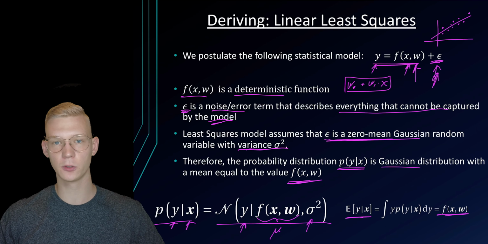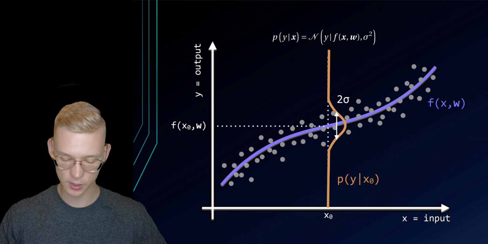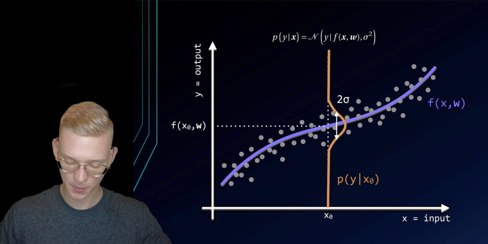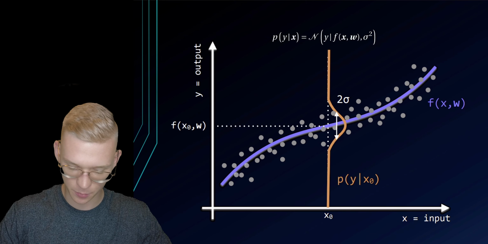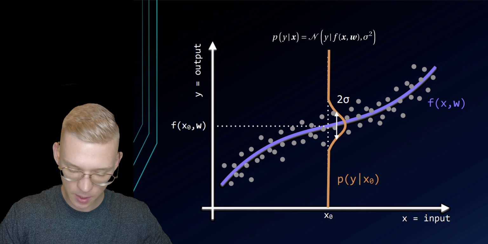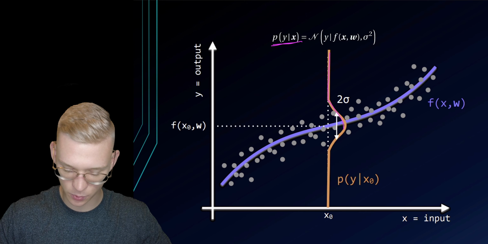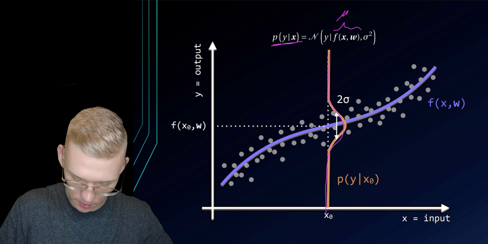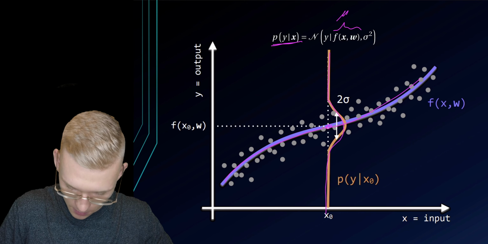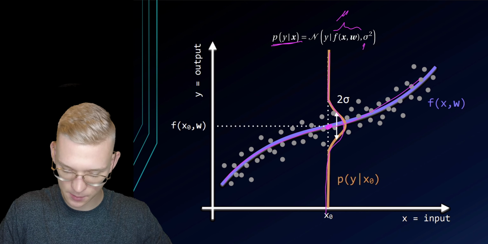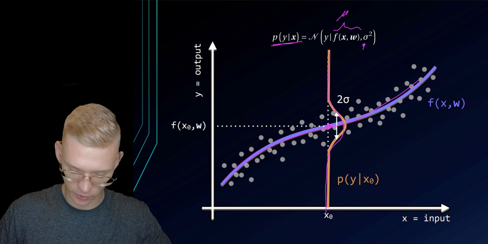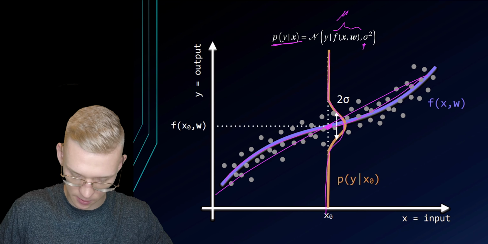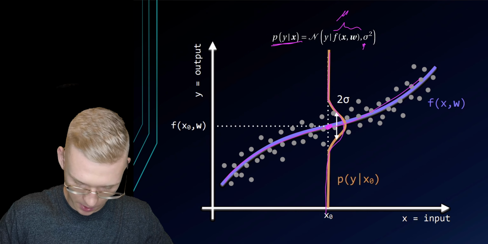This might be very difficult to understand like this, but as soon as you look at this picture, you will understand it. So we say that the probability of y given x is a distribution function for the mean. Given the mean is the blue line, so the mean is right here, and some sigma squared. So let's make a new graph.